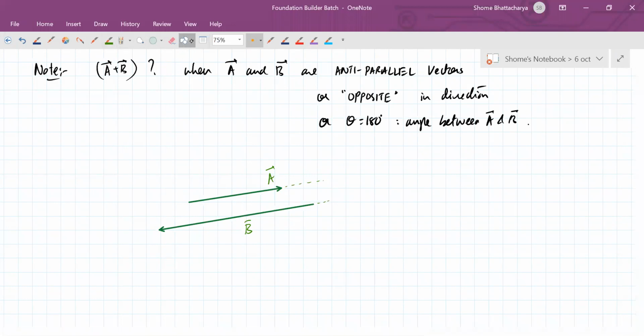So when you draw the vector sum, it will just become like this.